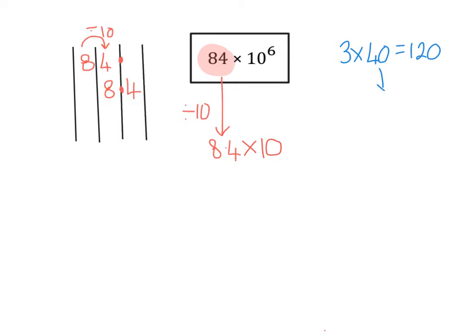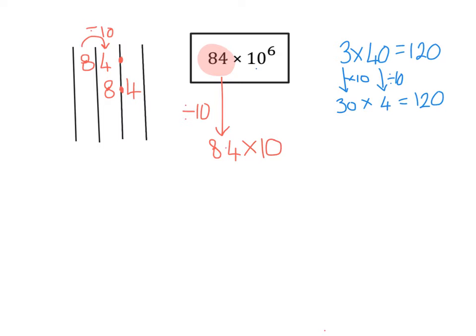Now if I divided this by 10 here to get 4, but I still wanted the same answer, what would I have to do to this here? Well, it needs to be 30, so I'd need to times by 10. So you're effectively cancelling the divide by 10 by timesing the other part by 10.